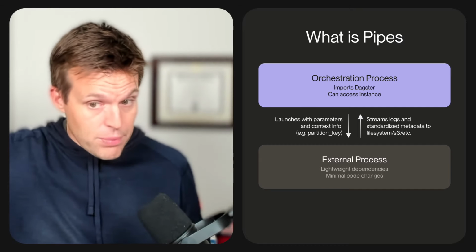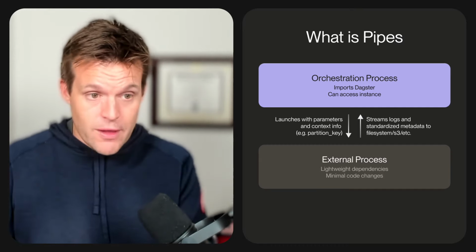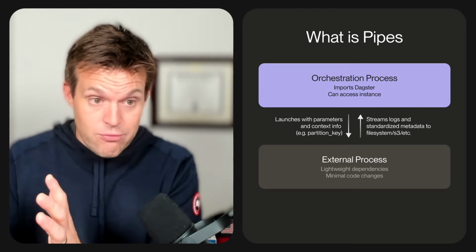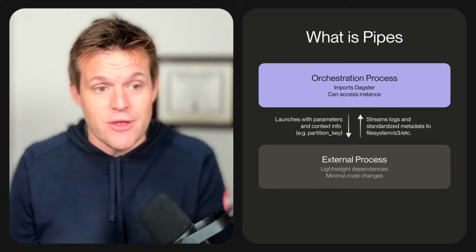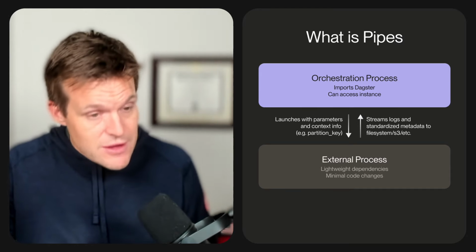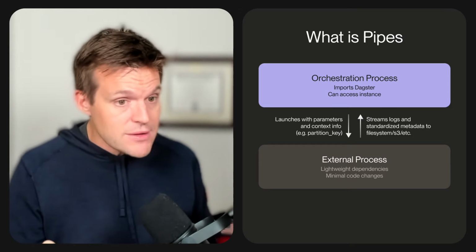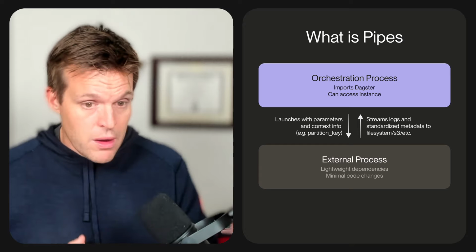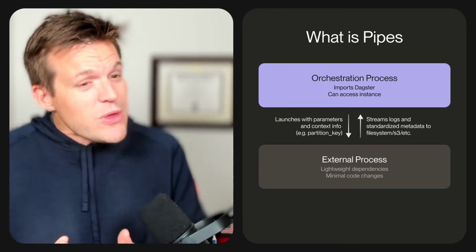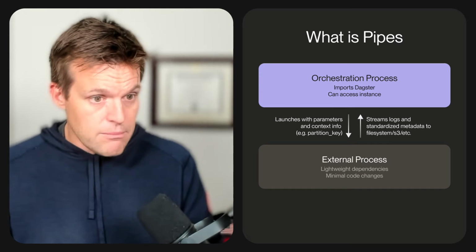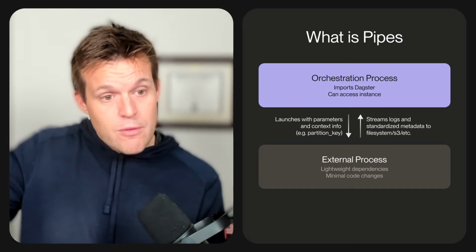In the external process, the dependencies are very lightweight. You have to bring in one library, which is actually about 1,000 lines of Python with no dependencies, and you don't have to change that much code. And then that can stream logs and metadata back to Dagster so you can use it as that control plane. Interestingly, we think about this as a composable RPC protocol, meaning that you're invoking remote computations.